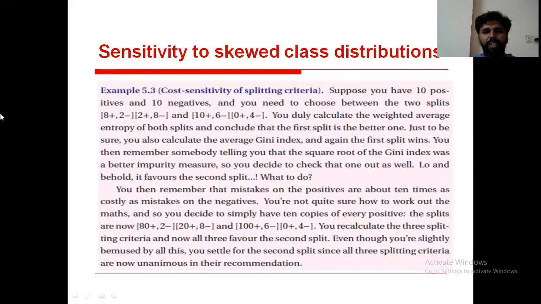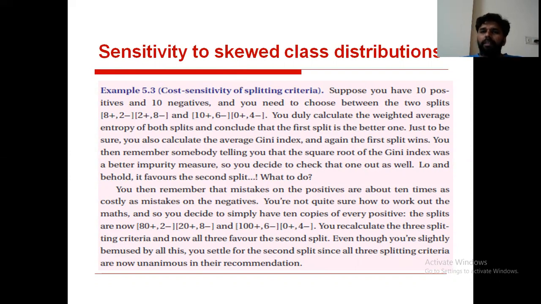And the next one is sensitivity to skewed class distribution. Here sensitivity means to give ranking to the tree, to do probability estimation. For tree probability estimation, we are using impurity measures.